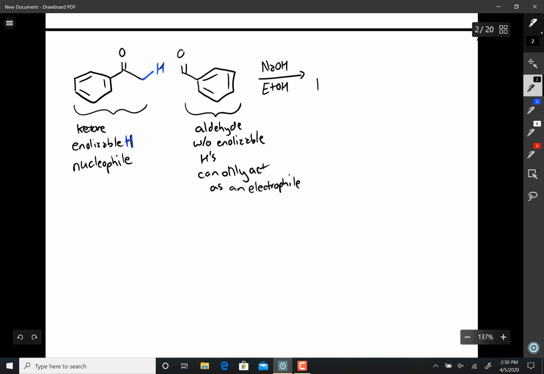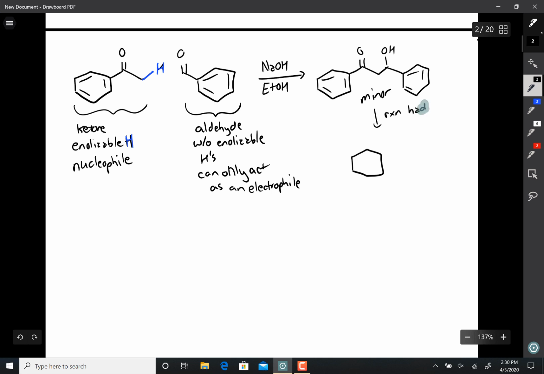Now in this reaction right here, you get the aldol product, but this is the minor product. Because the reaction is hard to stop. And this is the major product.